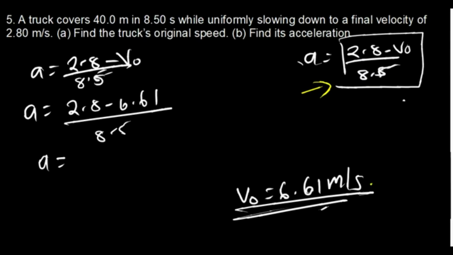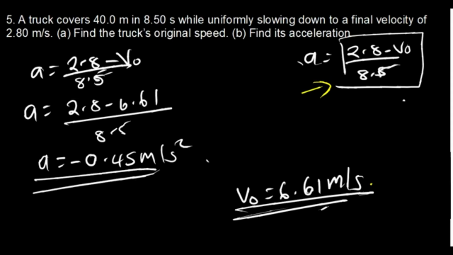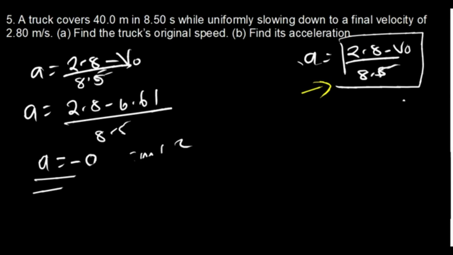I'm getting negative 3.81. Divide this by 8.5. I'm getting my acceleration as negative 0.448, but we can just say 0.45 meters per second squared. So that is the acceleration. This is how we can solve this question.